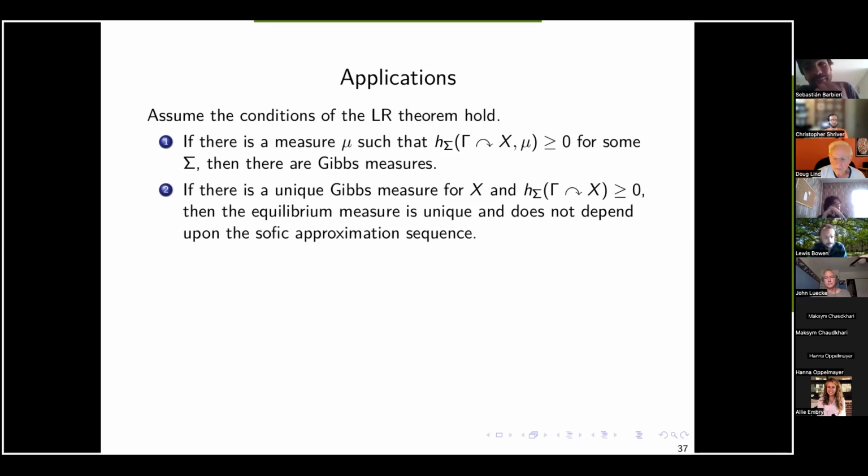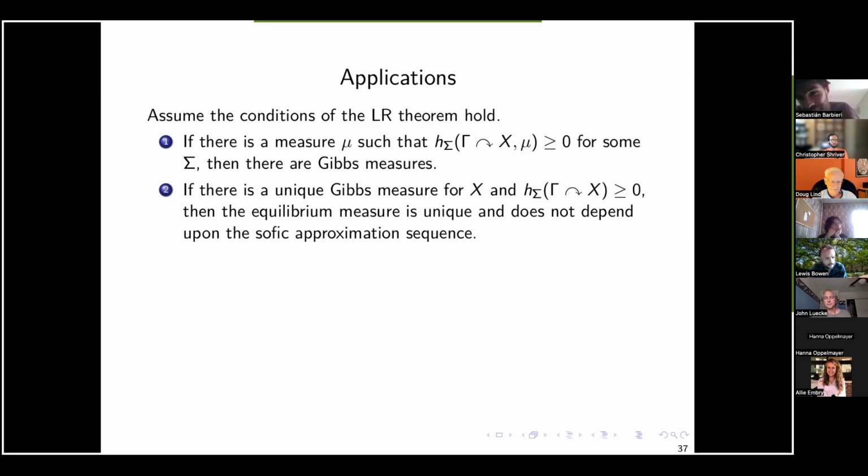Well, if somehow you could construct an example which has a unique Gibbs measure, you could use that to give an example where you have two different measure theoretical sofic entropies with different sofic approximation sequences. Yeah. So we tried doing that. We didn't manage.